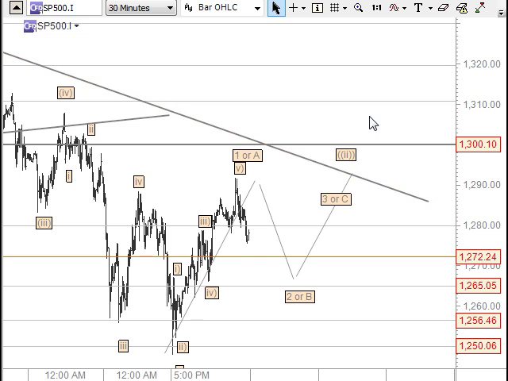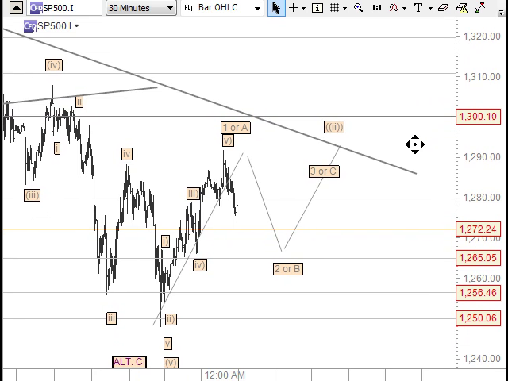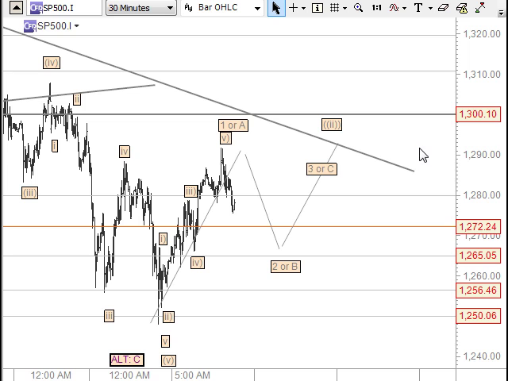But if it got up there and did an A and a B and a C wave, and then got up there and found support, and was sitting up there nicely on support, well, then we would seriously need to look at being bullish in the markets, net bullish across the market. So we would have to unwind the short positions that we have and start looking at being long.